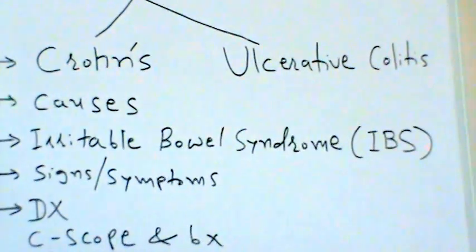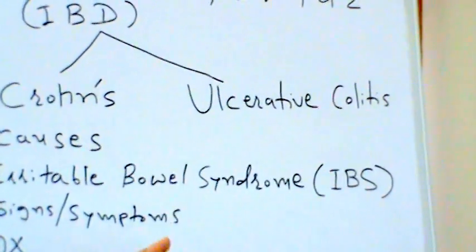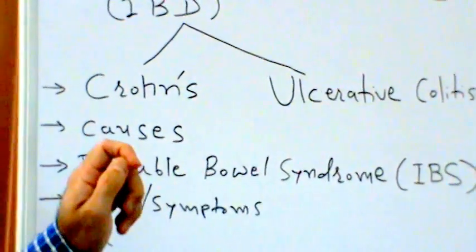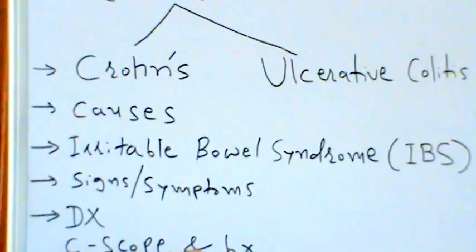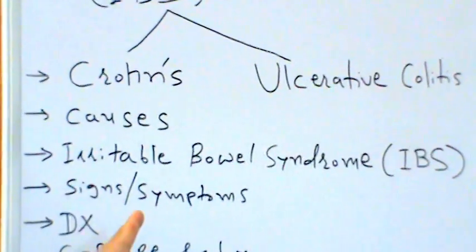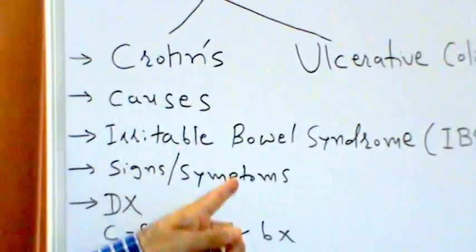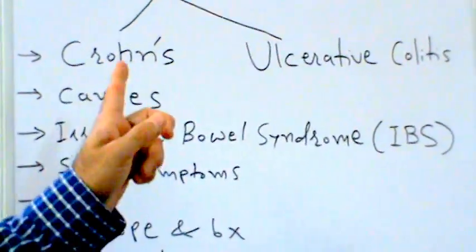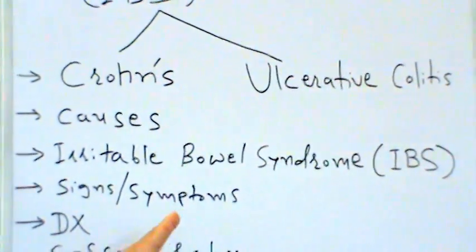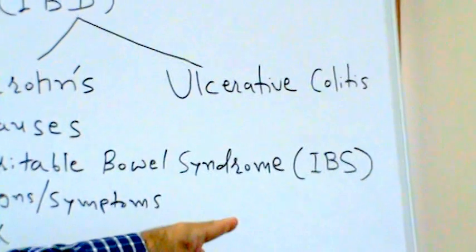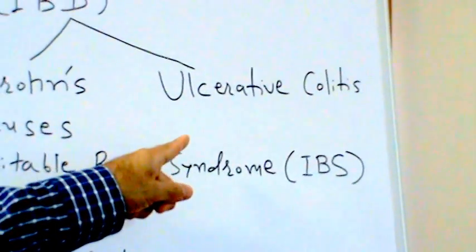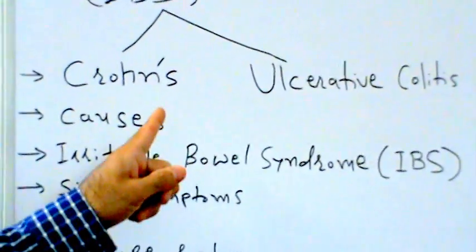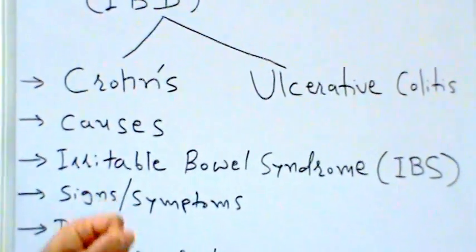Ulcerative colitis is limited to the colon, also called the large intestine. Crohn's disease can also affect the entire thickness of the bowel wall, while ulcerative colitis only involves the innermost lining of the colon.